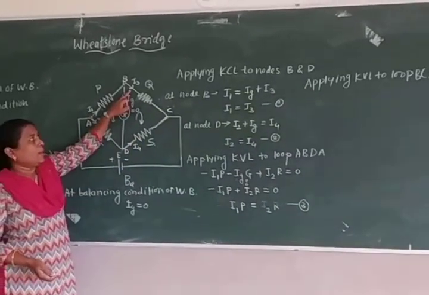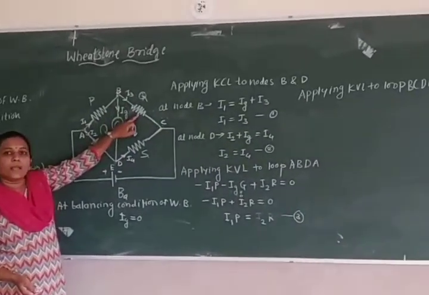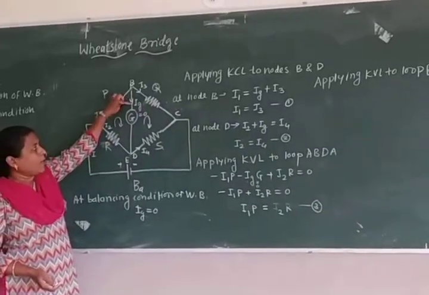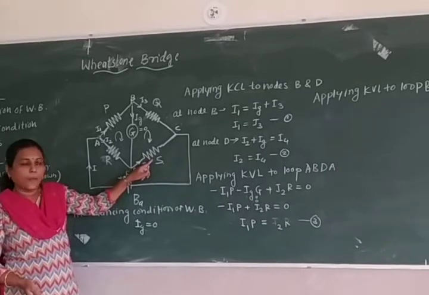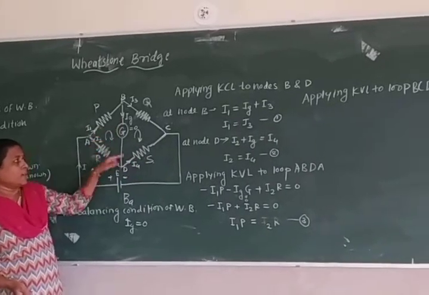So the product of I3 and Q is negative, whereas the product of Ig and G, and I4 and S, should be positive because they are in the opposite direction.